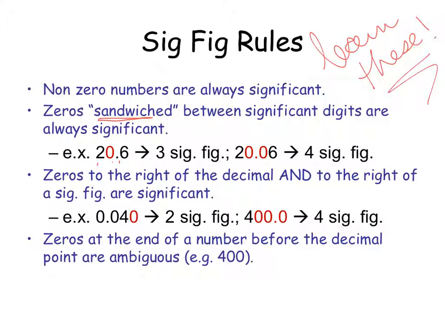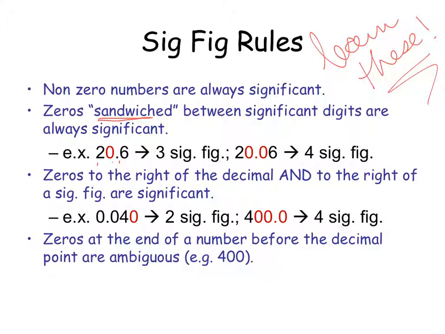Same goes if we have 20.06, 2 zeros sandwiched between the 2 and the 6, so there are 4 significant figures. There could be 73 zeros in between the 2 and the 6, and there would be 75 significant figures. Any zero that's sandwiched is significant. That means it was measured or it was the last estimated digit.